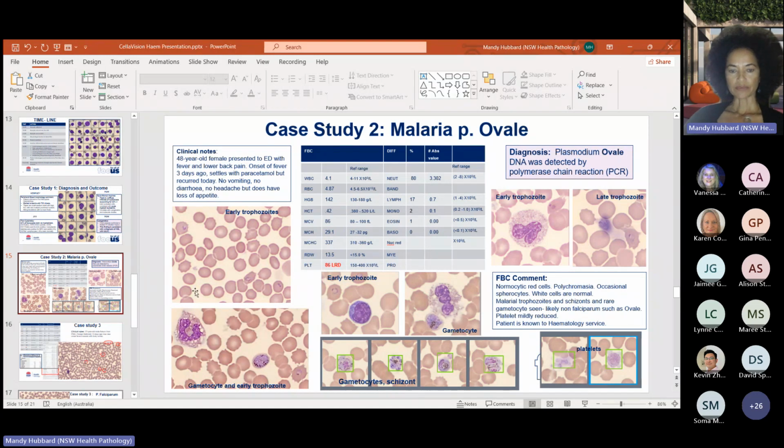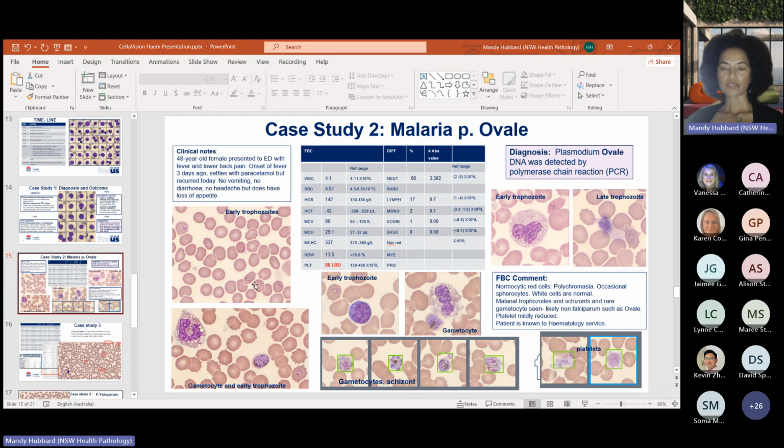This patient's full blood count was run through, the platelet count was low, and these were the images that we got from Cellavision. It did pick up these gametocytes. It picked them up as a nucleated cell, so it was in the white cell tab, but the infected red cells showed up as parasite inclusion bodies in the red cell tab.